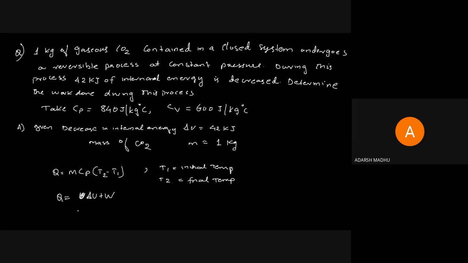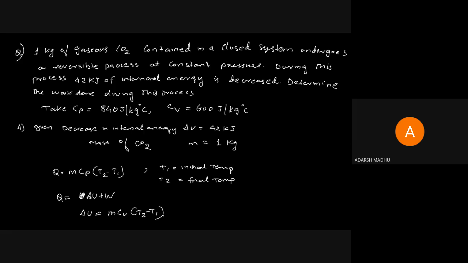We know the change in energy equation: delta U equals m Cv delta T, or m Cv (T2 minus T1).